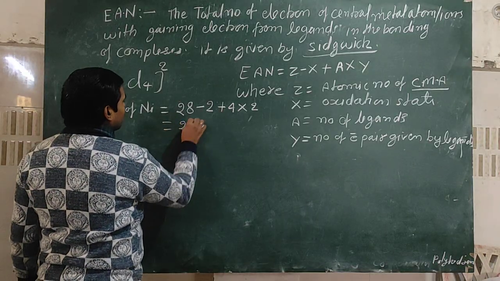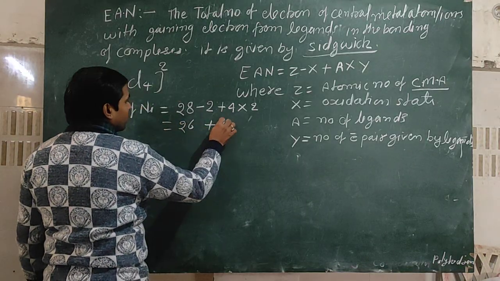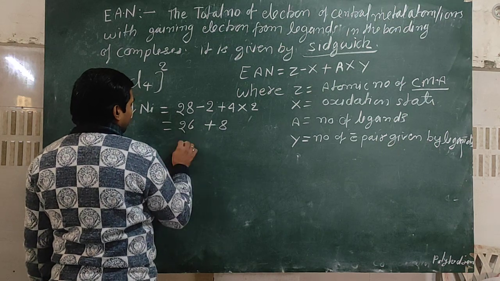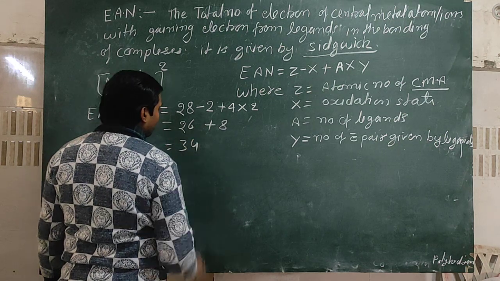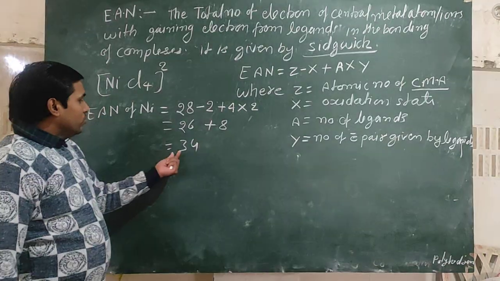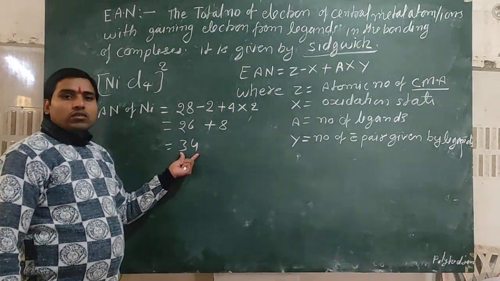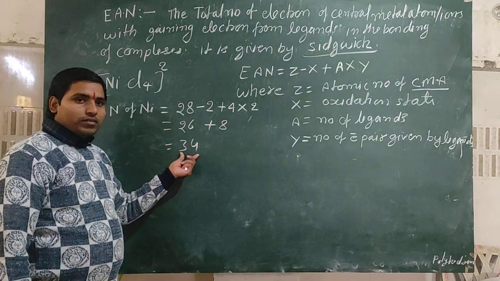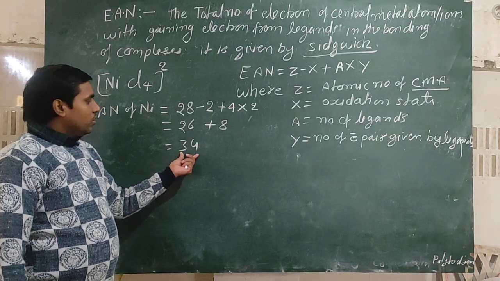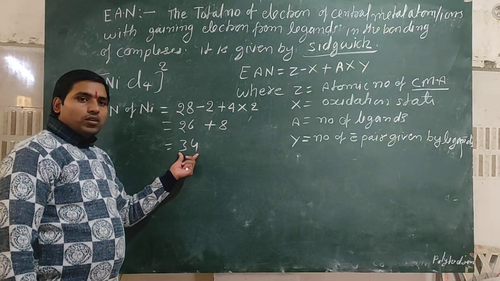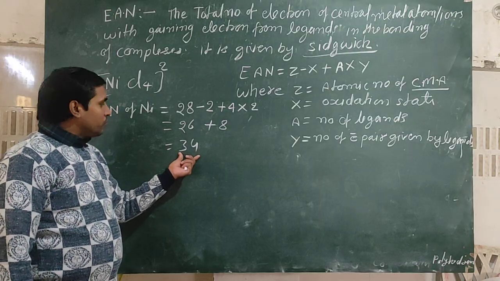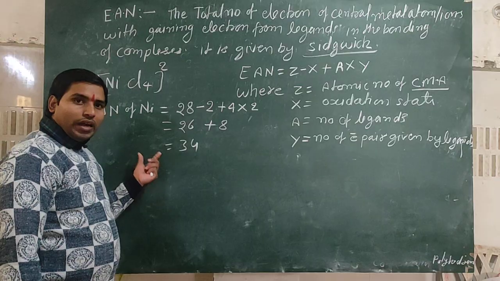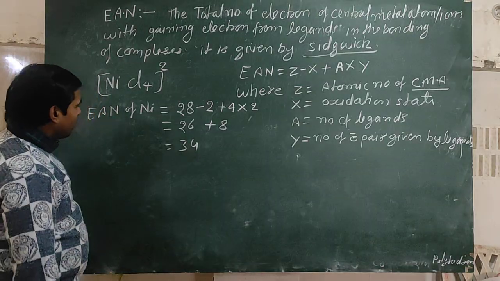Then it becomes 26 plus 8, which is 34. But 34 is not the atomic number of any inert gas. It means this EAN is not equal to the atomic number of an inert gas, therefore it is paramagnetic in nature and does not follow the EAN rule.